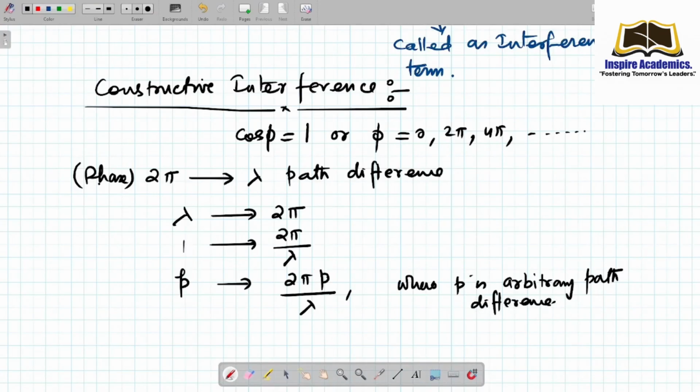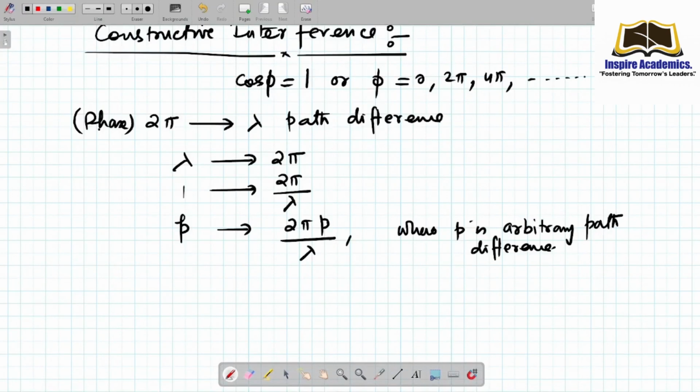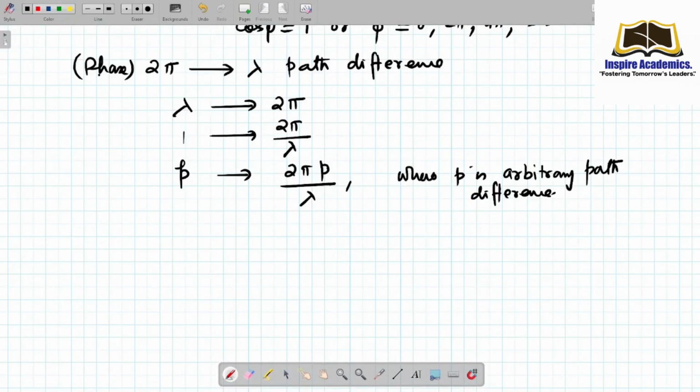So this value will come, isn't it? So what would be P? Possibly we can write that 2 pi P upon lambda would have to be 0, 2 pi, 4 pi and so on for constructive interference.